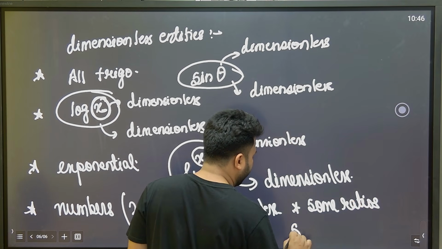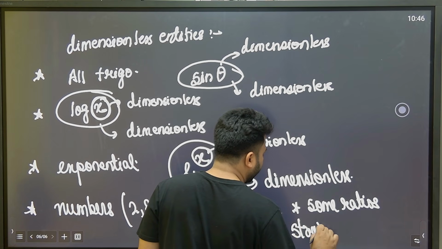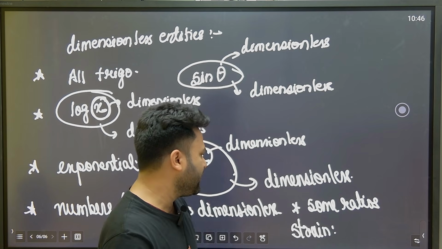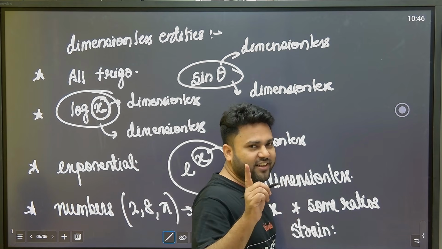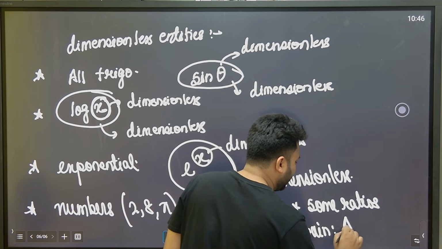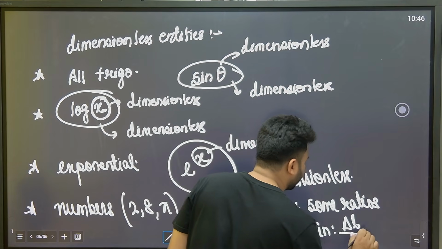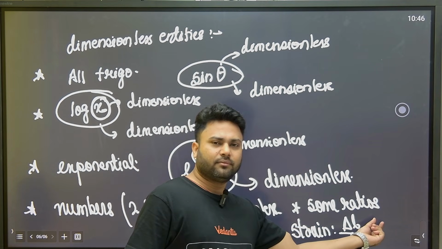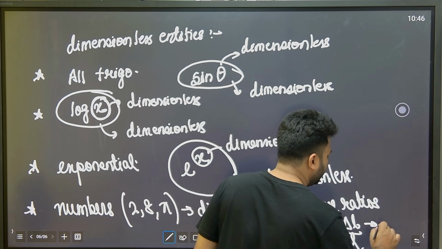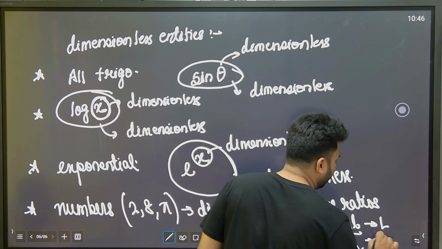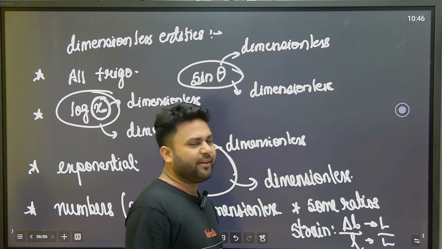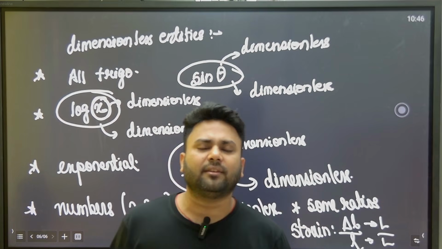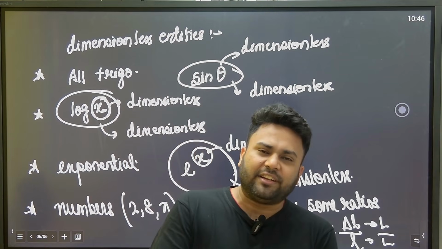Like suppose strain. What is strain? Change in length divided by original length. Stress strain chapter. If someone asks what is the dimension of strain, so change in length will have the dimension of length, and this length will also have the dimension of length. So finally L and L will cancel, so there will be no dimension, meaning M0, L0, T0.